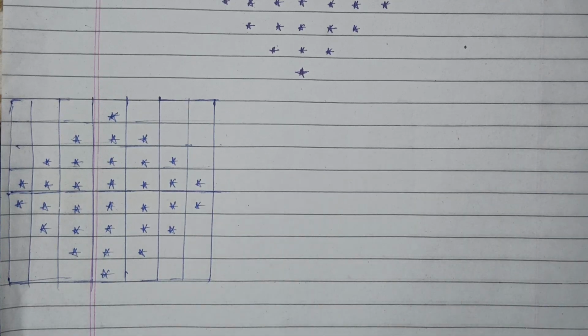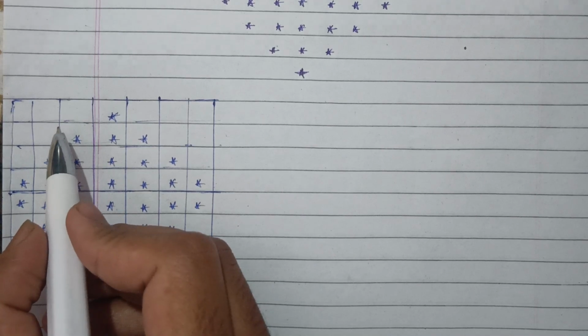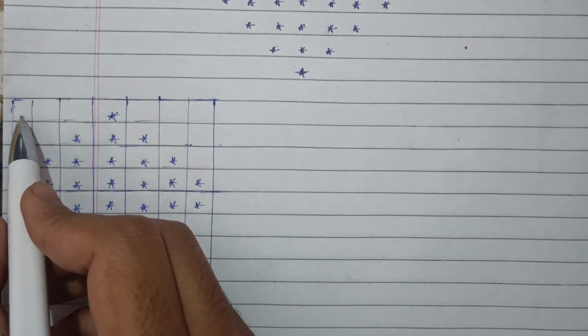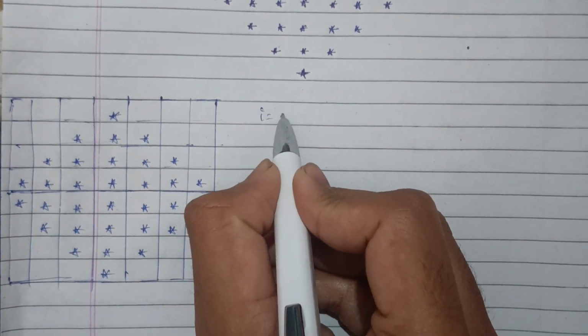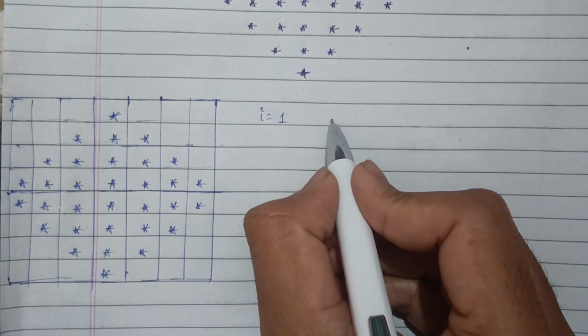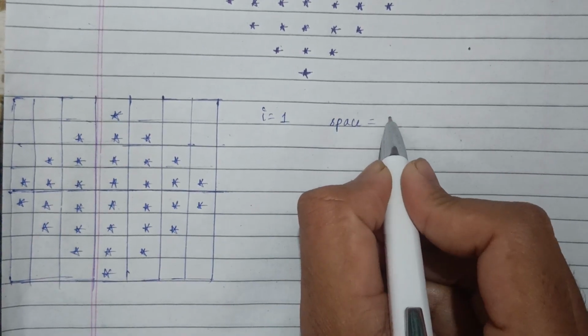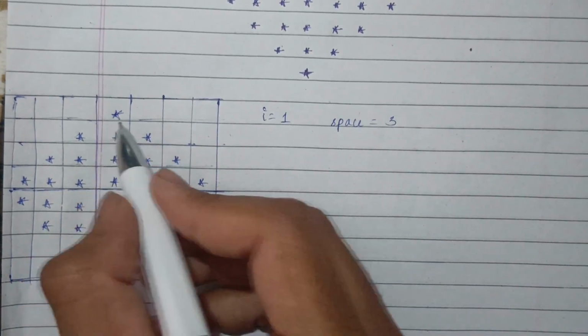In the first line, how many spaces are there? There are one, two, three. There are three spaces in the first line. And how many stars are there?